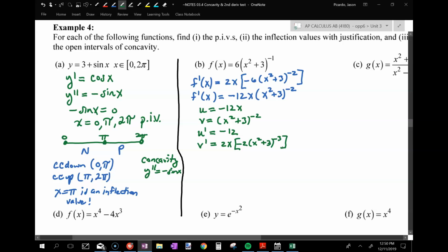All right, so I got all my tools to write my second derivative. So my second derivative is uv prime plus u prime v.